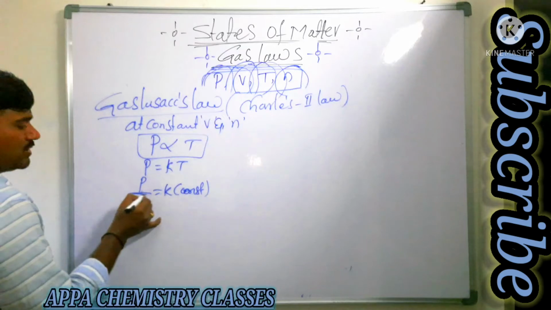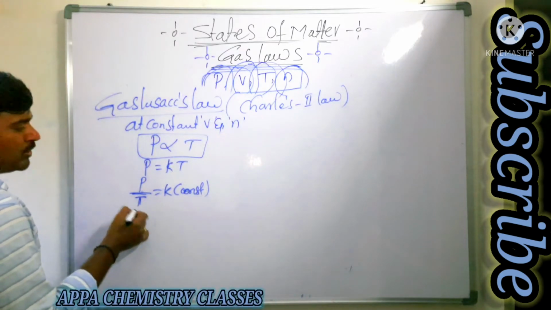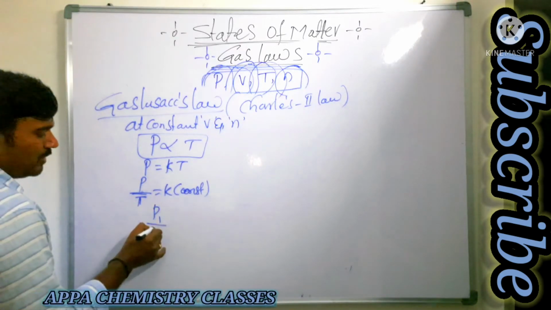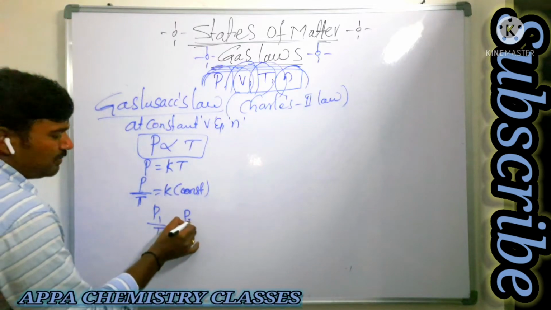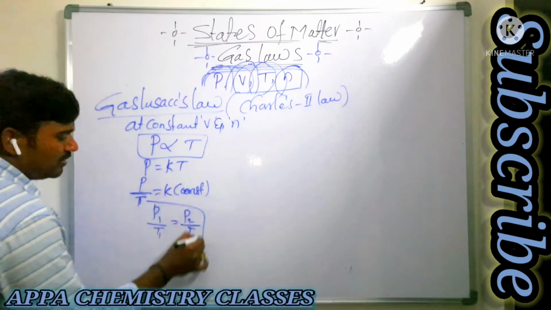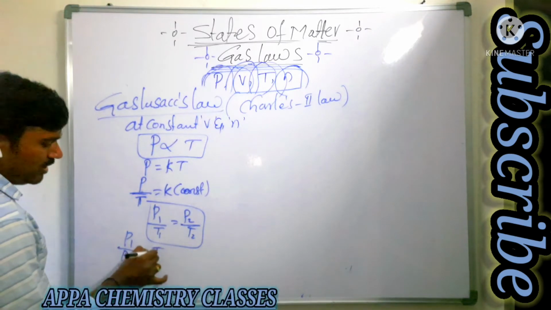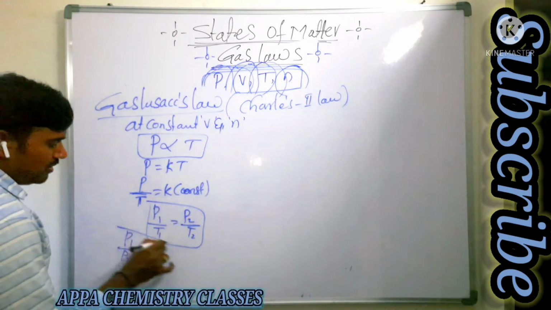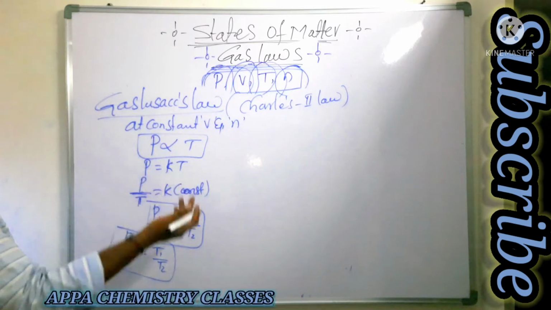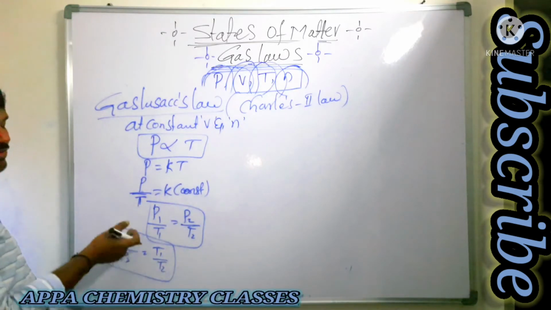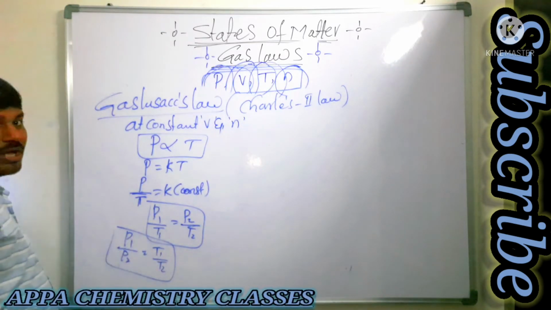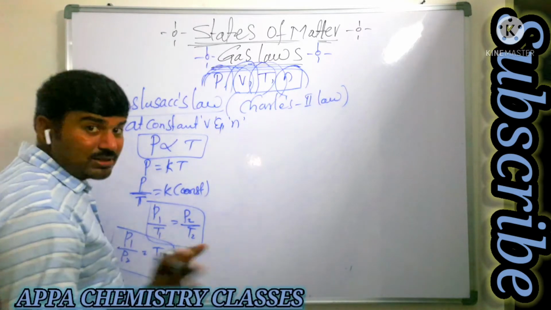So P1 by T1 is equal to P2 by T2, that is, P1 by P2 is equal to T1 by T2. Using this relation, we can do a number of problems based on the pressure and temperature relation. Is that clear?